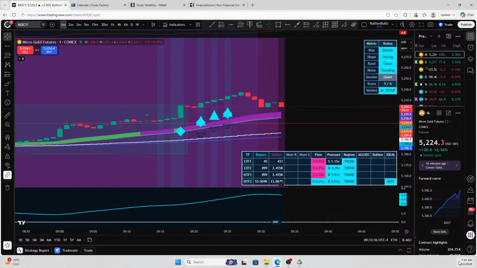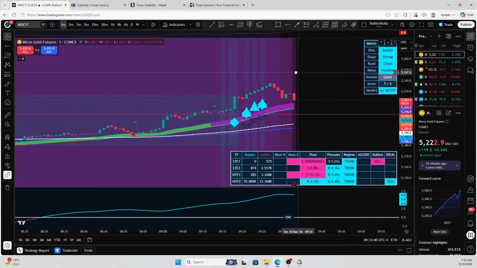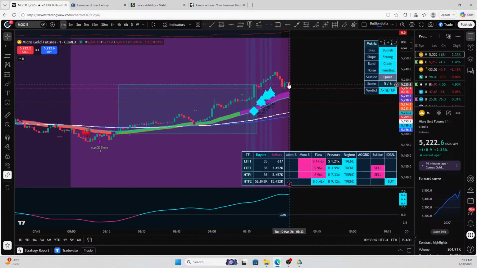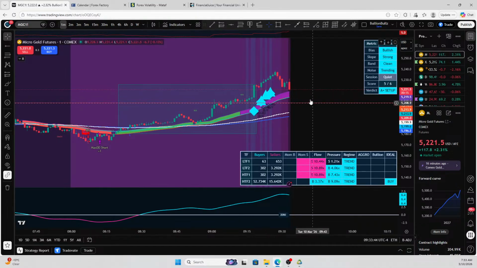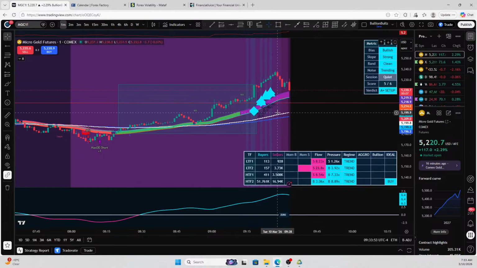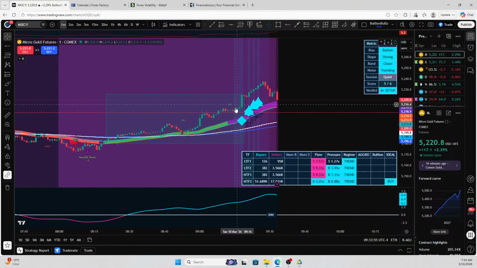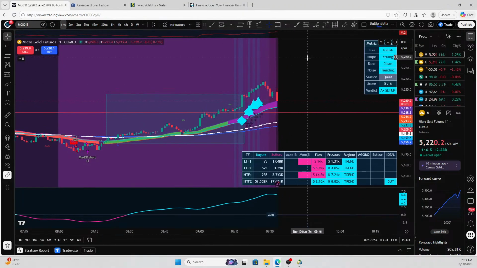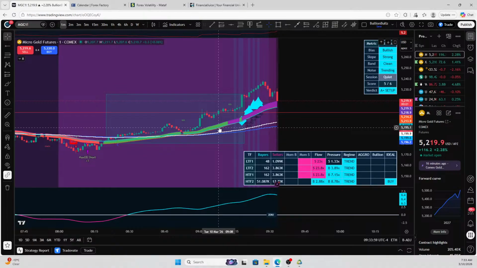For my time, I'm in Mountain Standard Time, so it's 7:30 here. So right now gold is most volatile. If we do see price returning back below the previous day high, then the breakout trading changes. We're no longer looking for breakout setups. Breakout setups are only valid as long as the price keeps on trending above the previous day high.